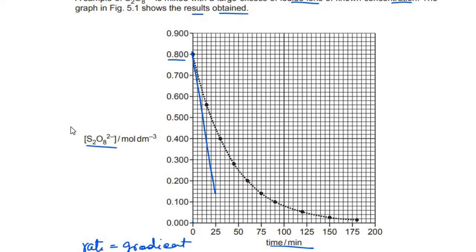Yeah, so here I've drawn a tangent for you, and to find the gradient we need to subtract y2 minus y1. So gradient is y2 minus y1 upon x2 minus x1. If I take this triangle which I've drawn, it's 0.8 minus 0.150, and on the x-axis it's 0 to 25. So x2 is 25, x1 is 0, y2 is 0.800, and y1 is 0.150.